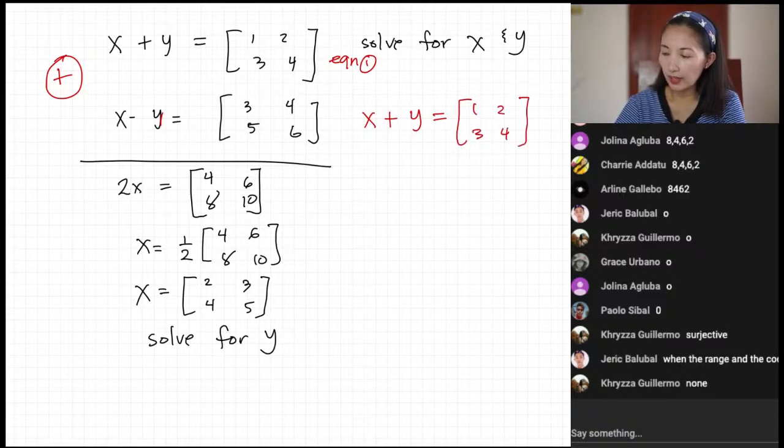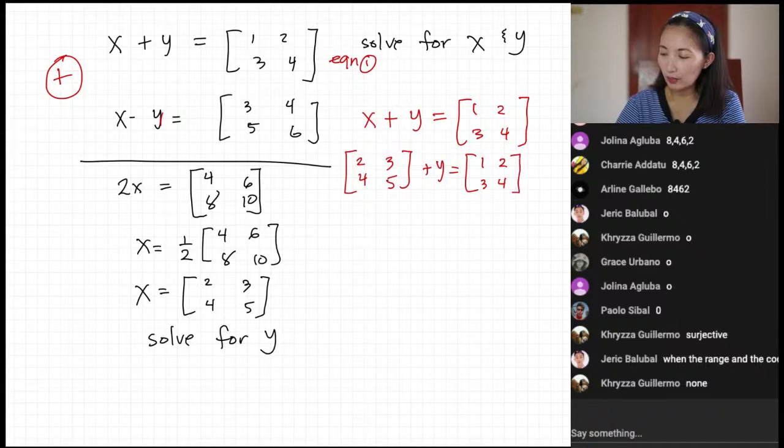And what did we find as X value? So, X value is 2, 4, 3, 5 plus Y equal to 1, 2, 3, 4.